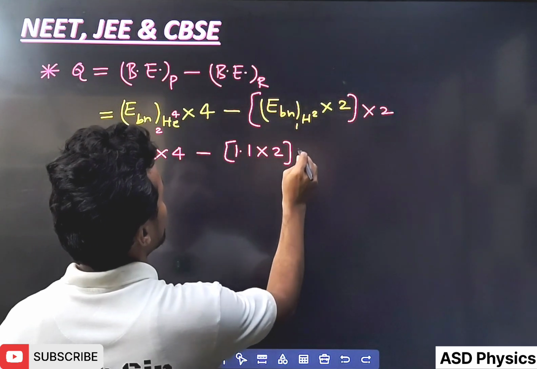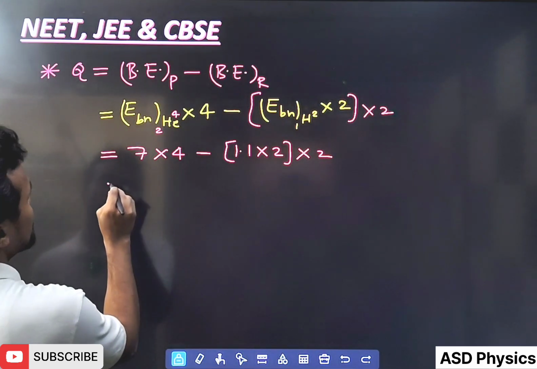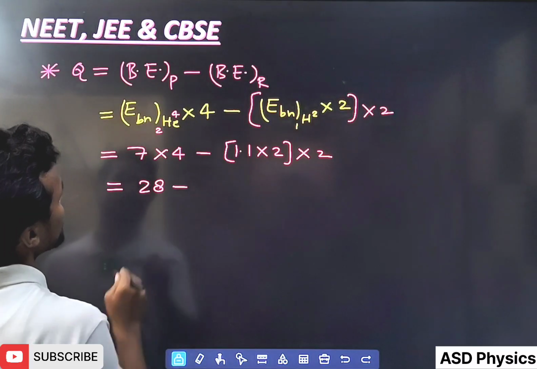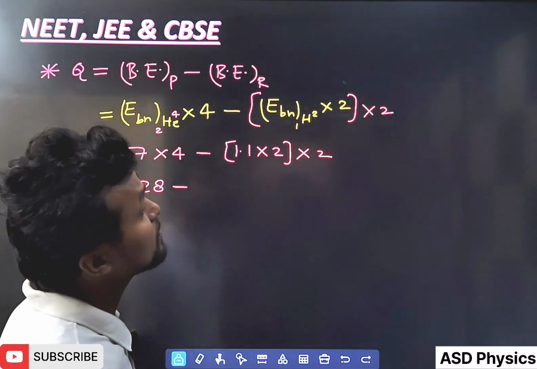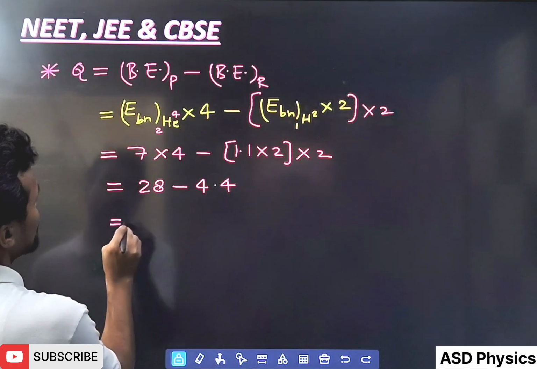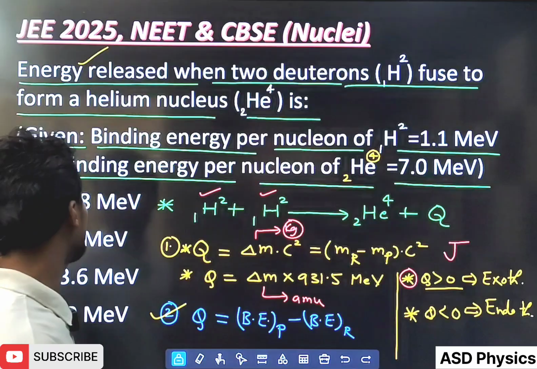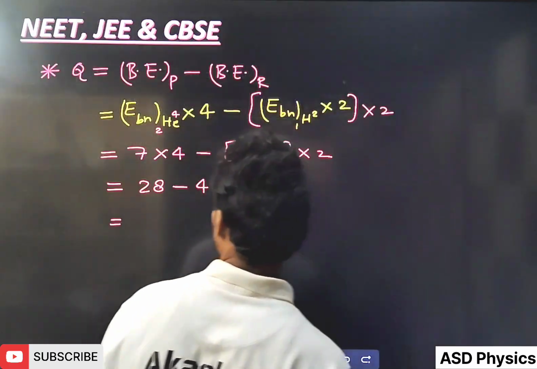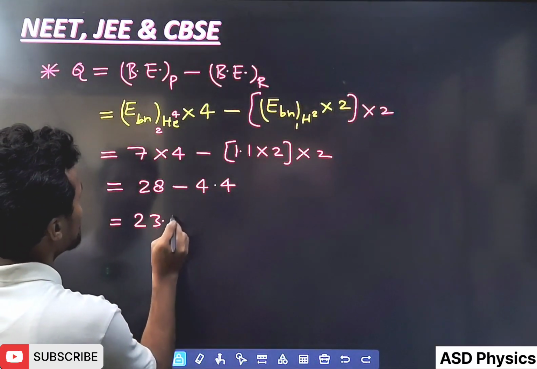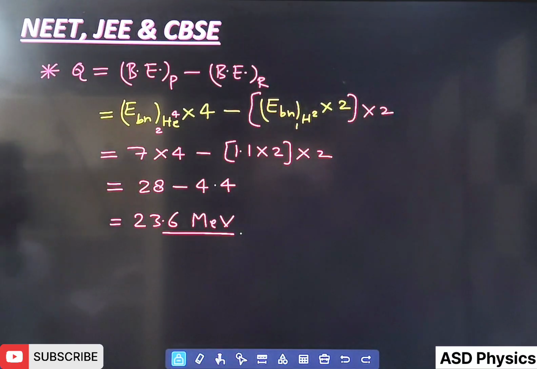This is for one deuteron, but here two deuterons are there, so we have to multiply with 2 again. So this will be 28 MeV, and the other is 4 into 1.1, which becomes 4.4. When you simplify 28 minus 4.4, it will come to 23.6 MeV.